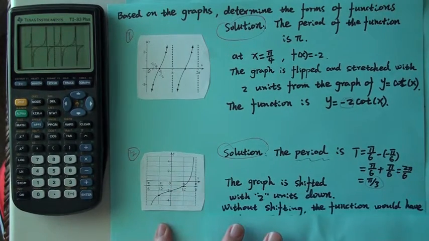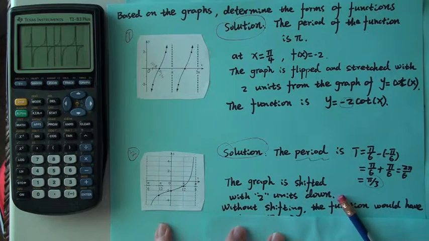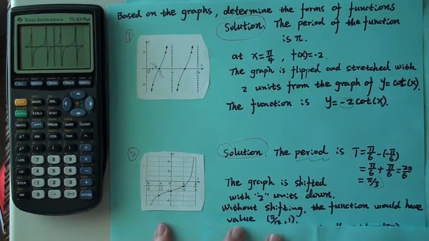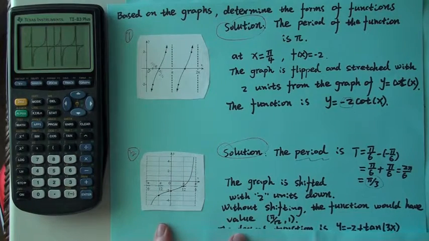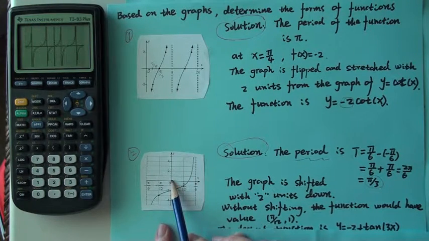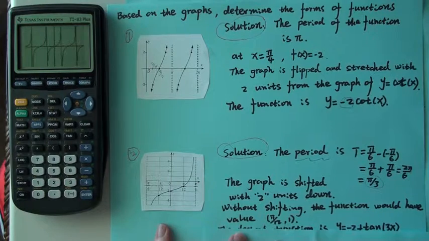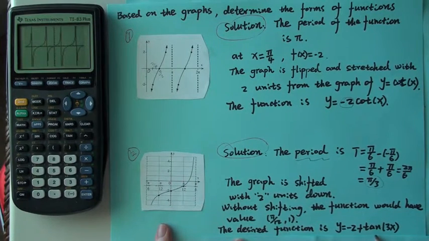So if you shift 2 units up, at x equals pi over 12 the value should be here. It was here, 2 units up is here. So then you know the desired function might be this one: y equals negative 2 plus tangent 3x.